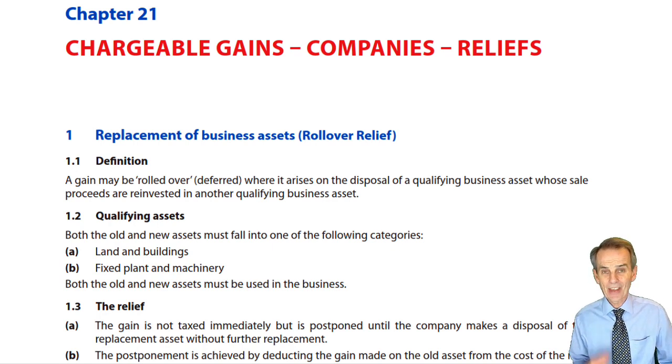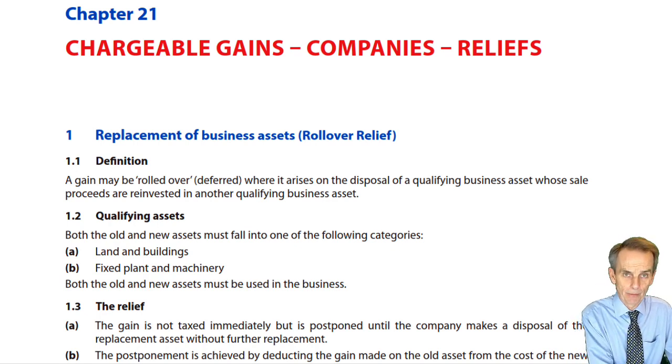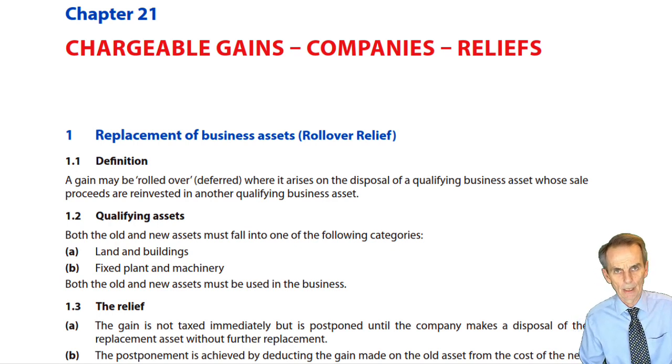It is then that gain that may be eligible for rollover, and the rollover depends on, as we well know, and we'll see in the rules that we'll go through yet again in a moment's time, have we managed to reinvest all the sale proceeds in another qualifying business asset within the specified time period allowed that ran from a year before, 12 months before the disposal date, to 3 years after the disposal date.